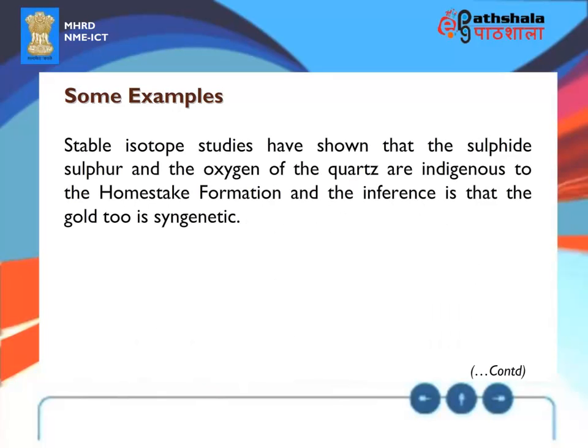Stable isotope studies have shown that the sulfide sulfur and the oxygen of the quartz are indigenous to the Homestake Formation, and the inference is that the gold too is syngenetic.